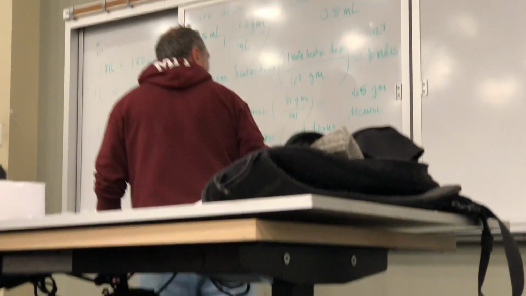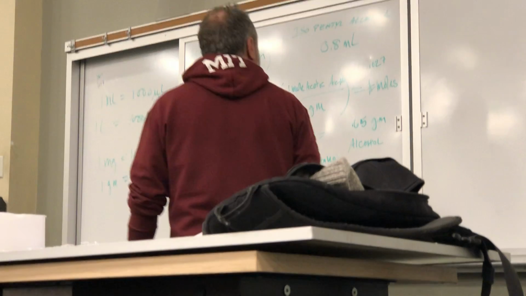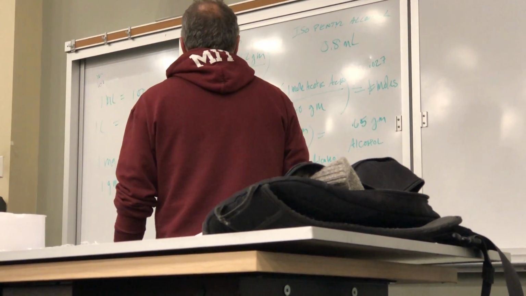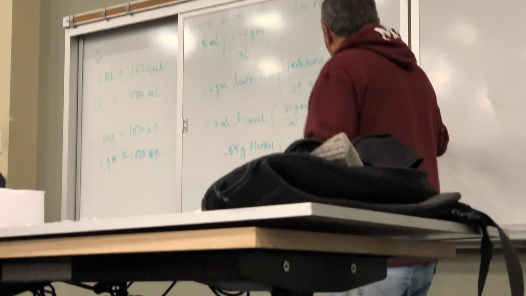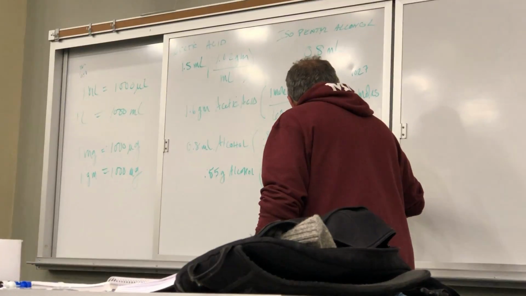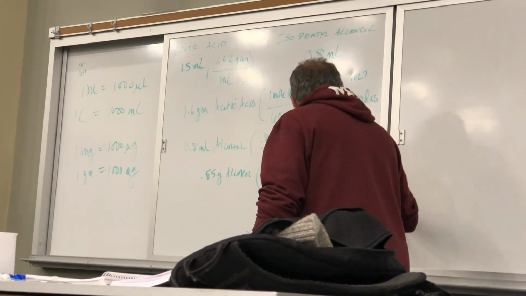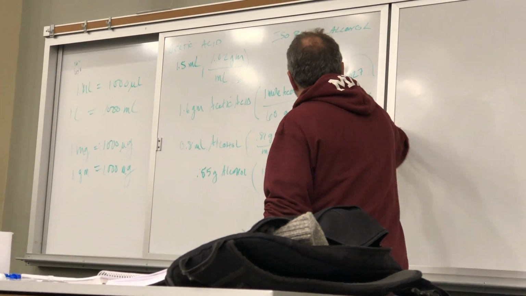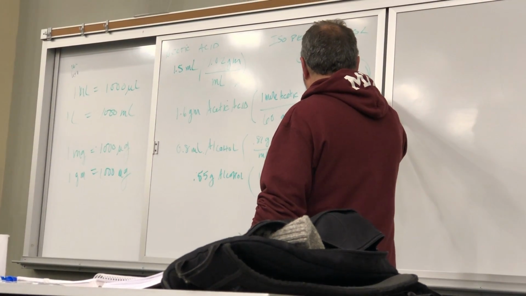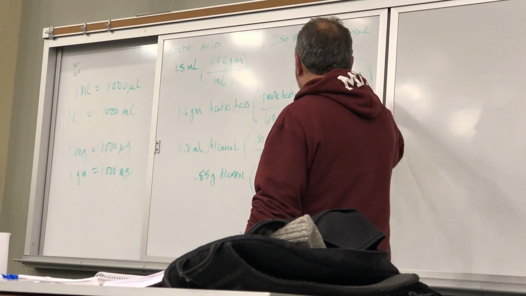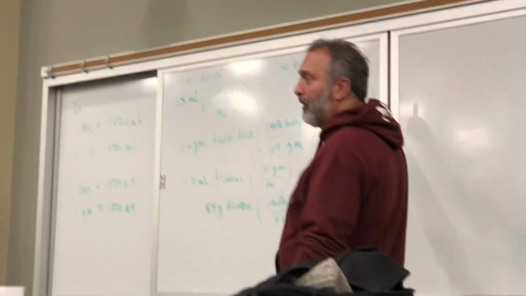Like 0.0074. But regardless, we know from this calculation, this number of moles of the alcohol and this number of moles of the acetic acid, whichever of the two is less is the limiting reagent.